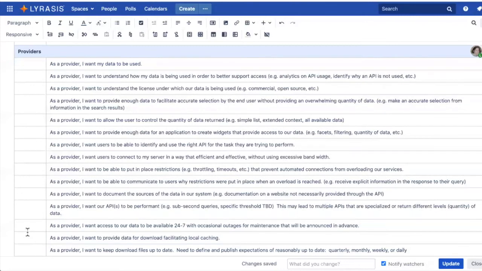May I ask where you're intending that the maintenance will be announced in advance? Just out of curiosity. I think that is something that usually we already do.